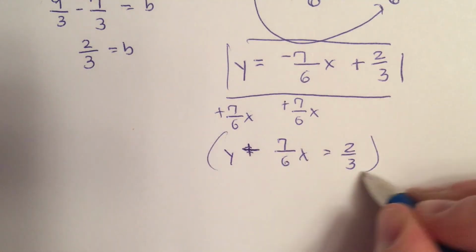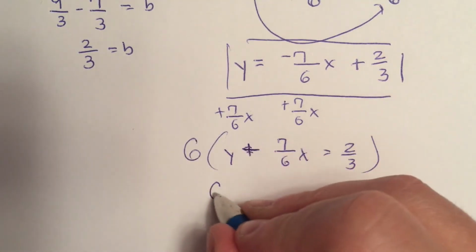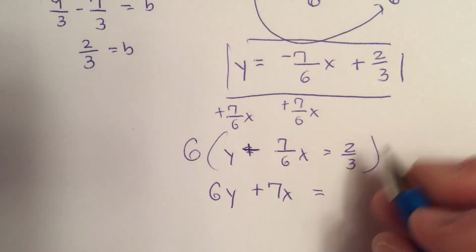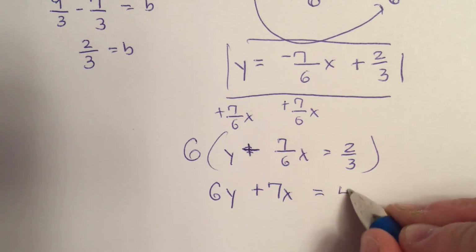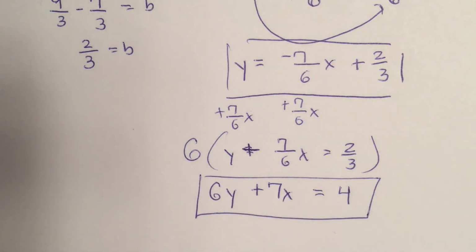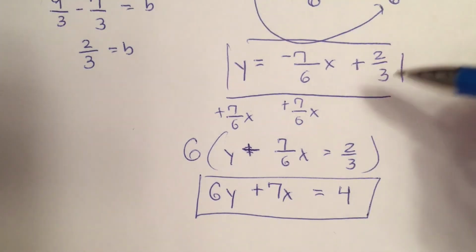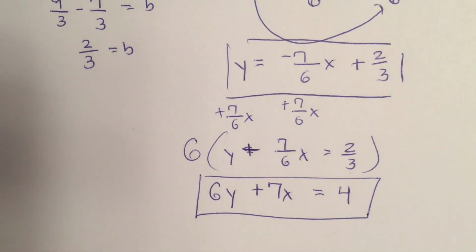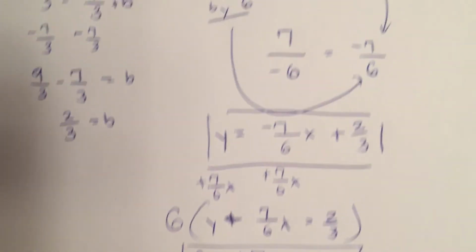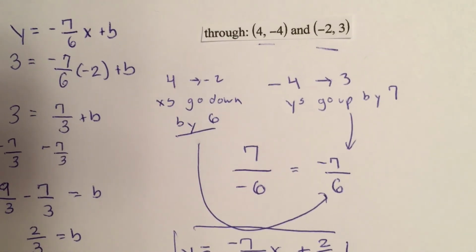I'm going to multiply both sides of the equation by 6. I get 6y plus 7x equals 4. And this is my equation in standard form. They are both equivalent, and they're both representing the same equation that goes between these two points.